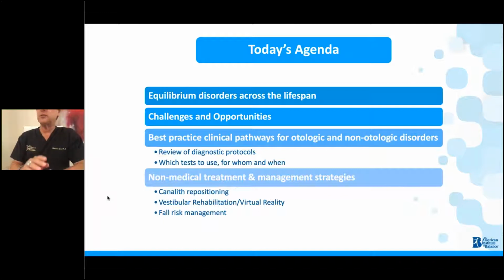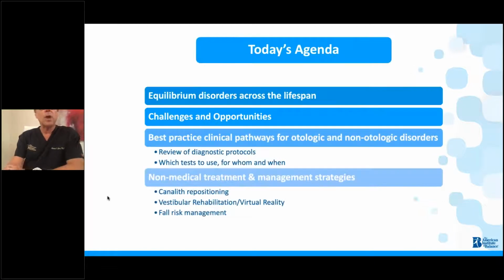And probably close to 50 of the 60 or 70 folks that applied all said the same thing, that somebody on their faculty had warned them against getting too involved with vestibular. Oh, you'll pigeonhole yourself. You won't have career opportunities, right? Oh, you can't make money in vestibular. Well, I'm here to tell you that is all complete nonsense. It's just not true.